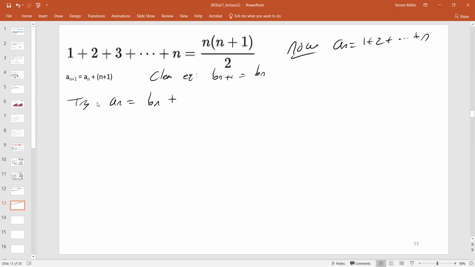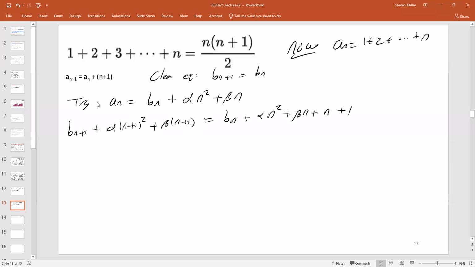Try quadratic. So let's try Bn equals alpha n squared plus beta n. If I just put in something that's linear, it's going to cancel on both sides. So I have to try something at least quadratic and bump it up. Now if I try this, I'll get Bn plus 1 plus alpha (n plus 1) squared plus beta (n plus 1) equals Bn plus alpha n squared plus beta n plus 1.